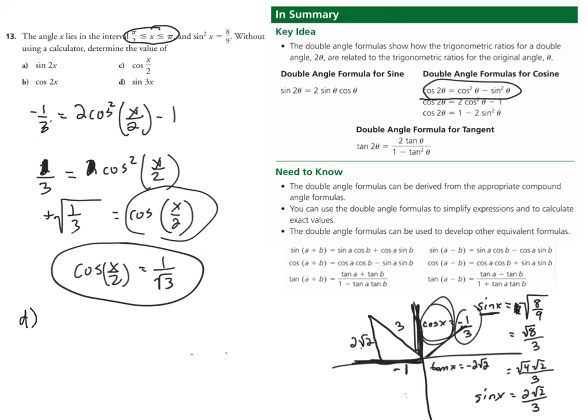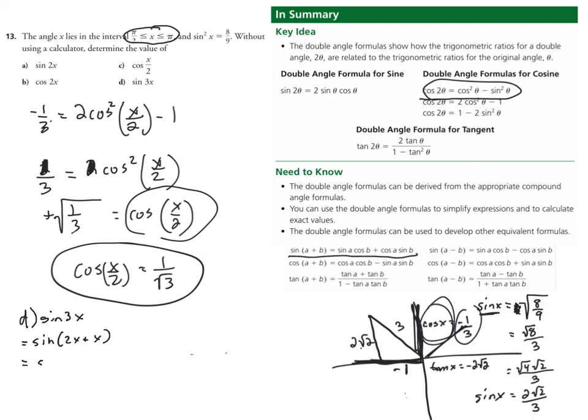Let's do part D, sine of 3x. So sine 3x is equal to sine of 2x plus x, which equals, let's see, sine of a plus b.